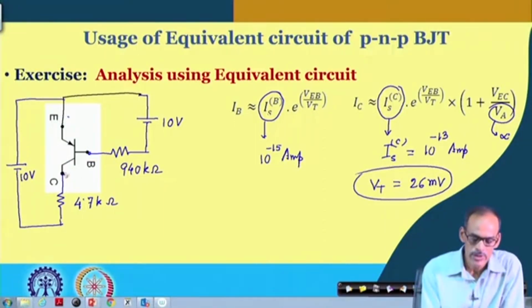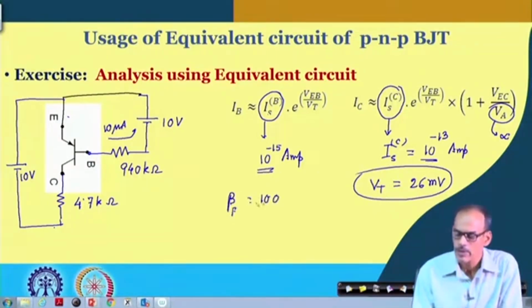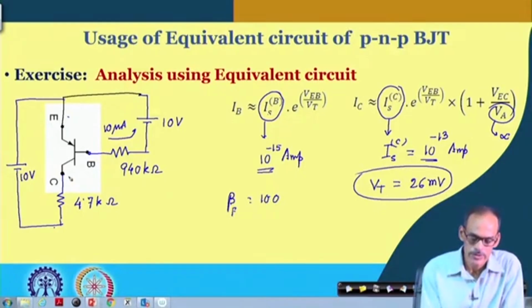The voltage coming here will be whatever voltage you have, plus this IR drop. The base current is 10 microampere, and if I take the ratio of these two, the beta is equal to 100. That gives us the corresponding collector current of approximately 1 milliampere.